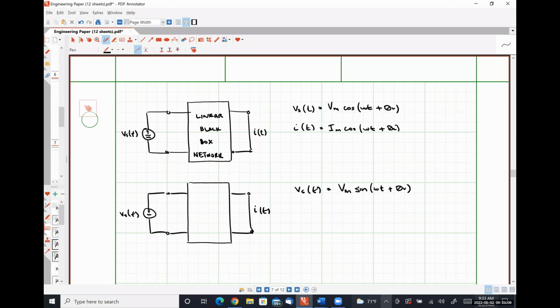What should we expect our response to be? Yeah, absolutely. Im sine omega t plus theta I. If I put in a cosine function, I get out a cosine function. If I put in a sine function, it stands to reason that I should get out a sine function.